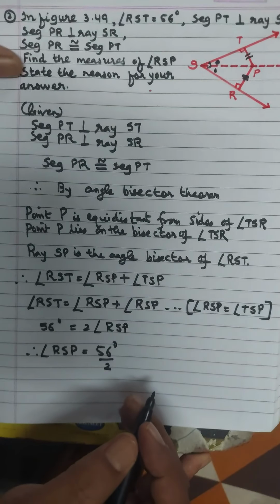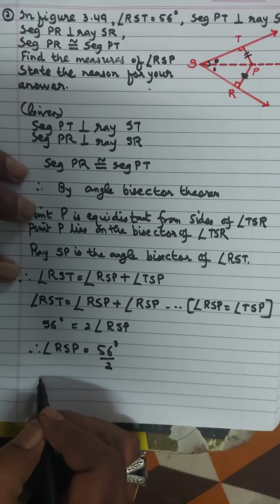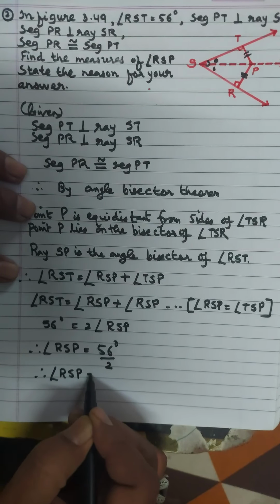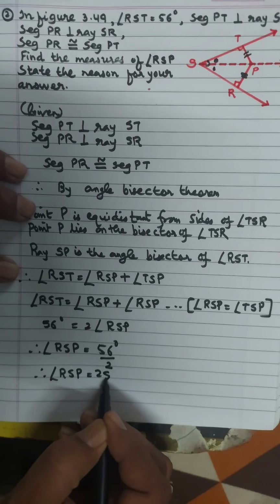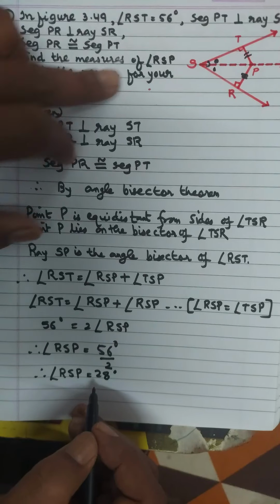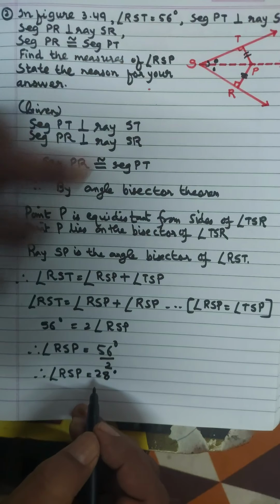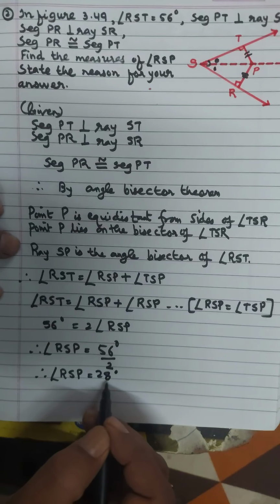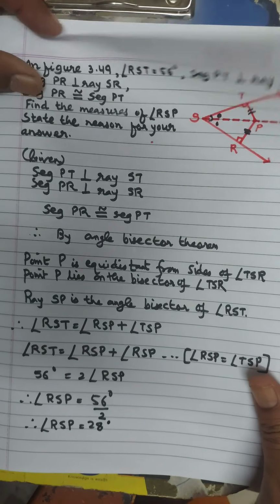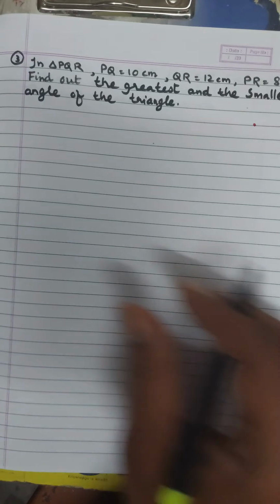If we halve 56 degrees, we get 28. So angle RSP is equal to 28 degrees, which is the answer. The measure of angle RSP is 28 degrees. I hope you understood this question. Now let's go to the next one.